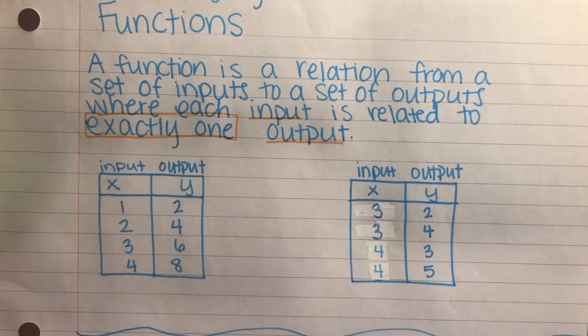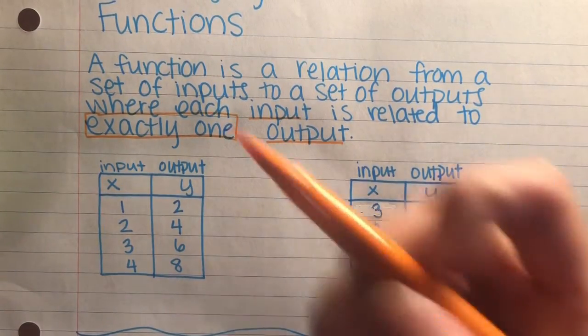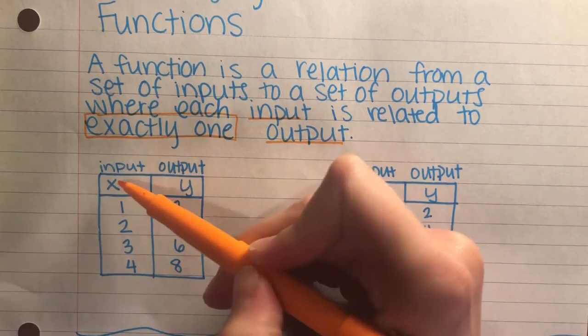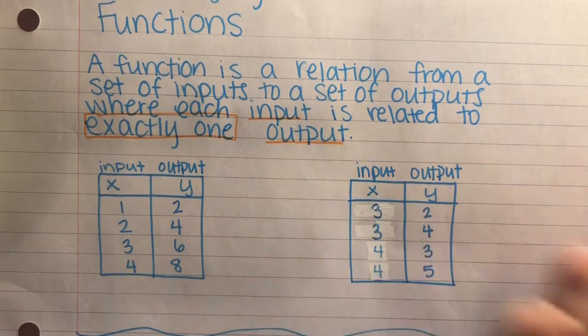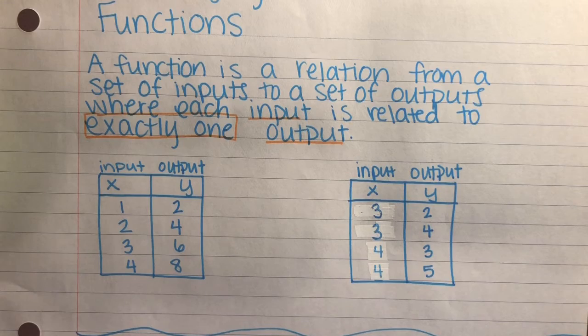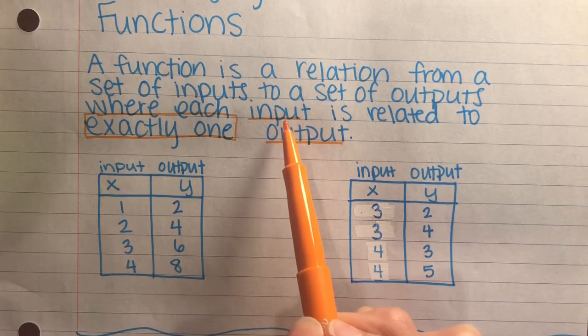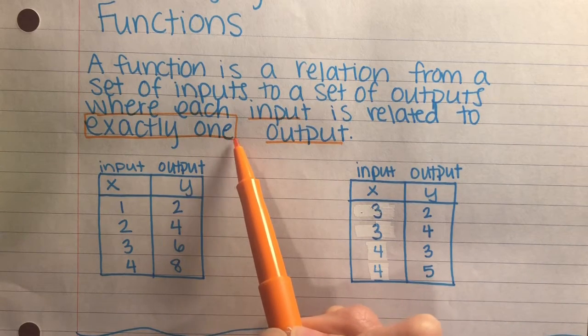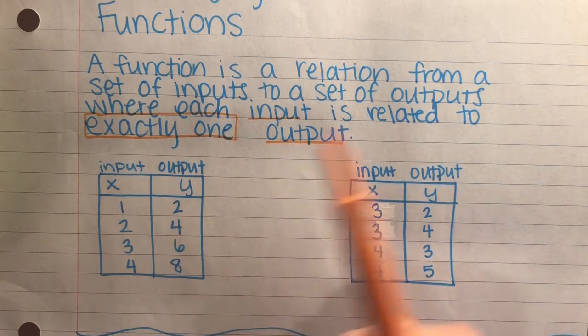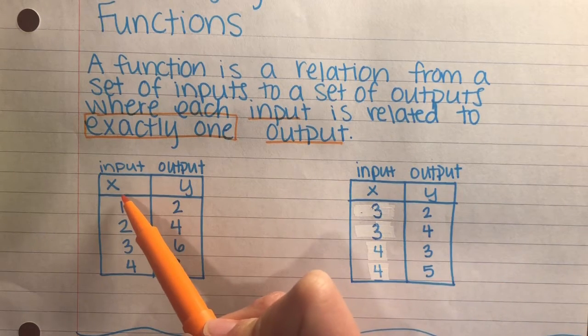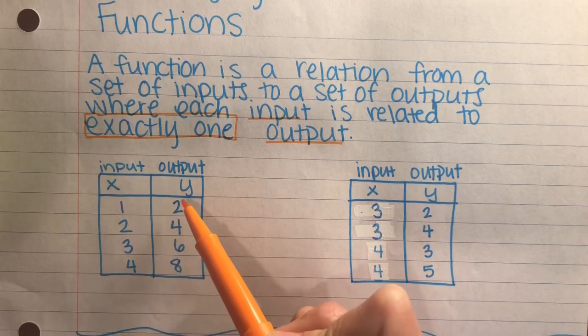So in this first example, we have our inputs, which is x, and our outputs, which is y. Now, for a relation to be a function, every input must create exactly one output. So basically for every x, there must be exactly one y.